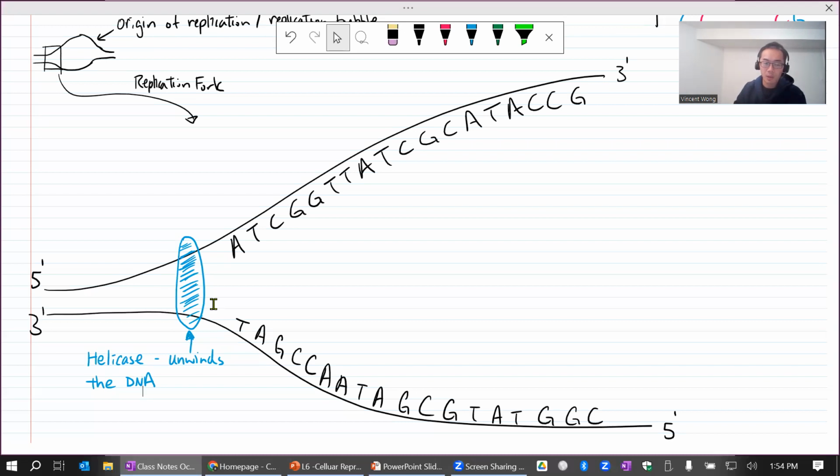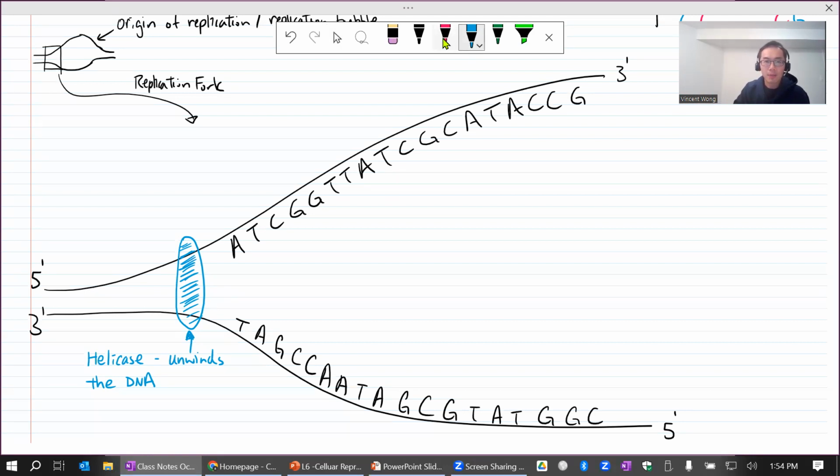Remember, this molecule is really long and it's already kind of twisted up. So when you unzip the DNA using the helicase, you will build up tension in the DNA. And if we don't do anything to relieve that tension, the DNA is basically gonna snap off, and that is really, really bad news.